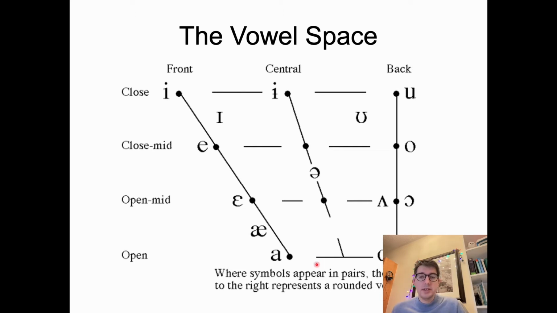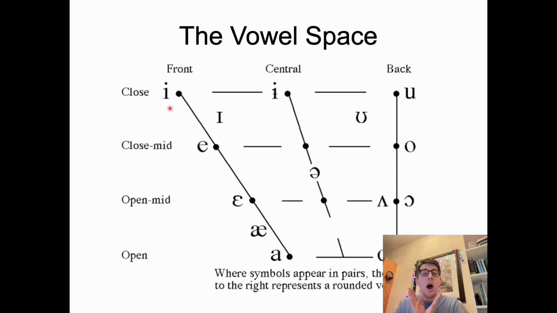So you may see that the labels here are close and open, close mid and open mid. This corresponds to high, mid high, mid low, and low vowels. So you might encounter these terms as well. If you do so, don't be surprised, because close vowels are produced with your jaw pretty much almost closed, such as i and u, and open vowels are open, as their name suggests.